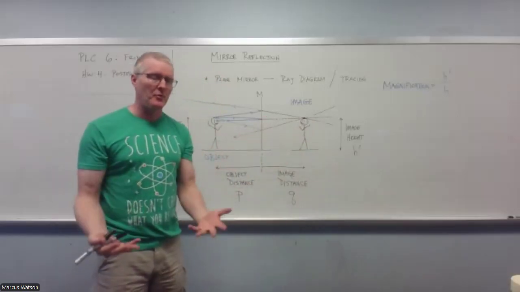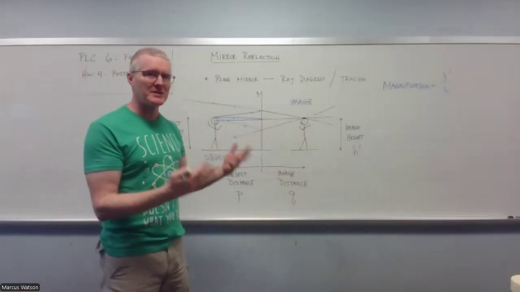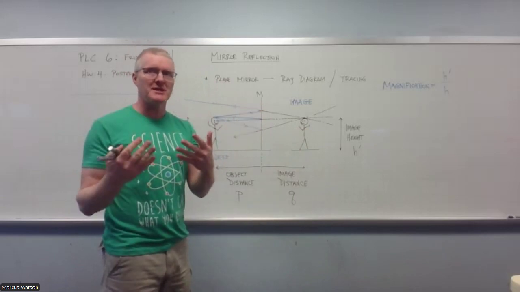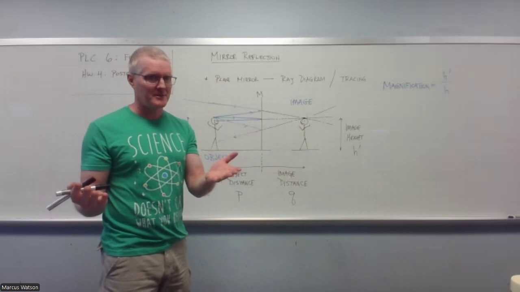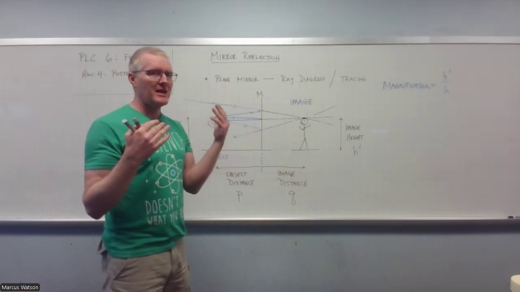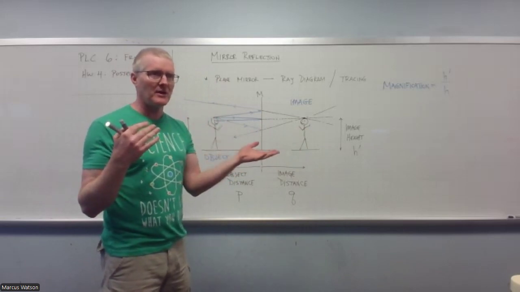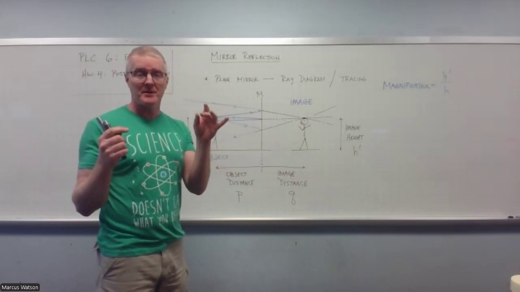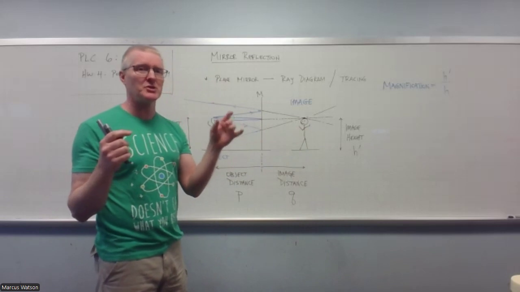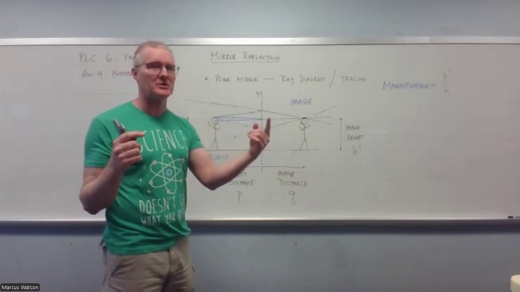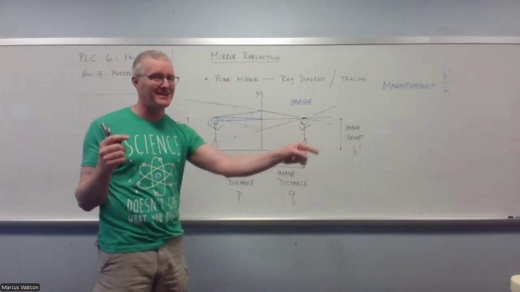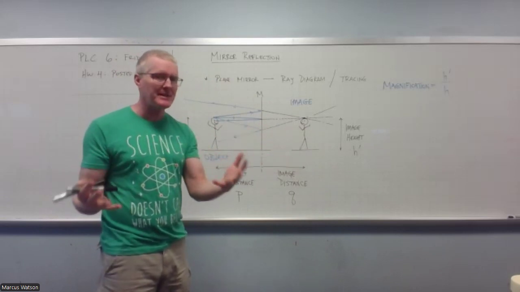So we have to come up with a way to discuss this image because images can be different. There is an image that is actually due to light converging to points, but this is an image that's due to light appearing to have come from a point behind the mirror, and that's not physically possible.